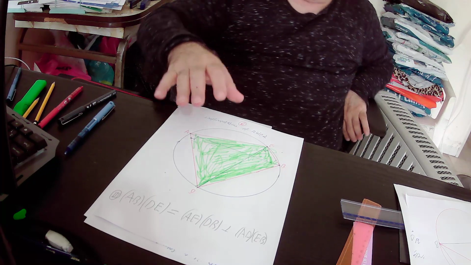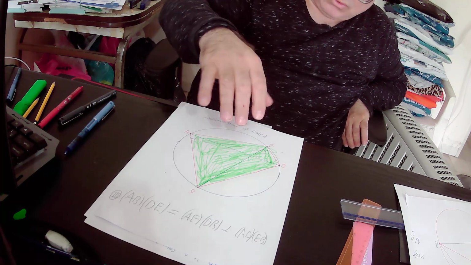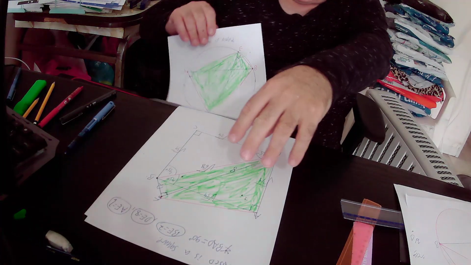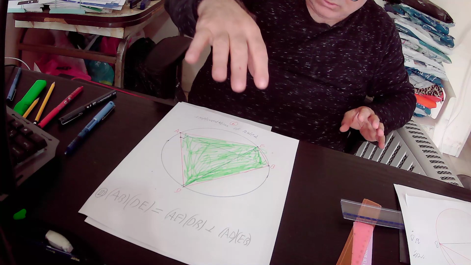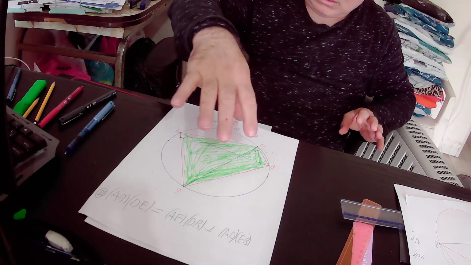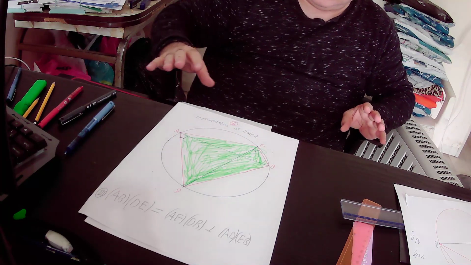Okay, so this drawing is the implementation of rule number 2 in the original drawing. After we implemented rule number 2 in the original drawing, we arrived at this drawing.